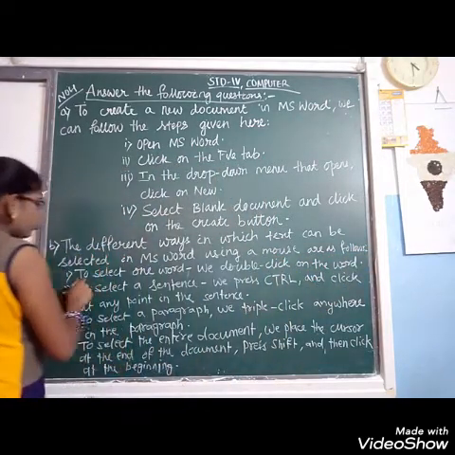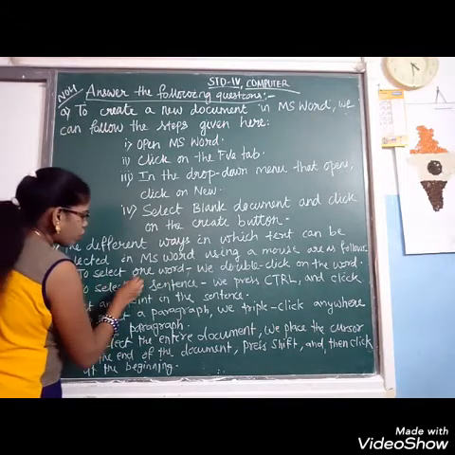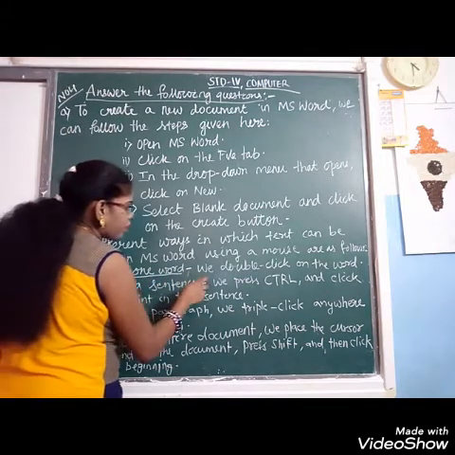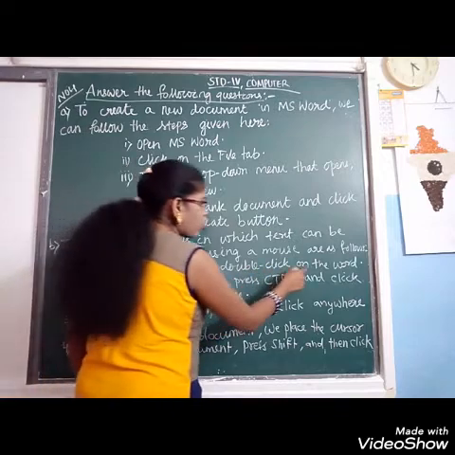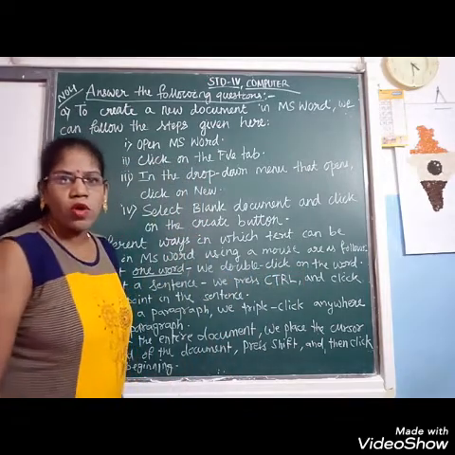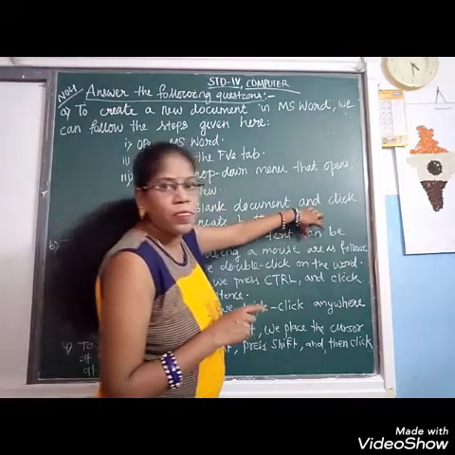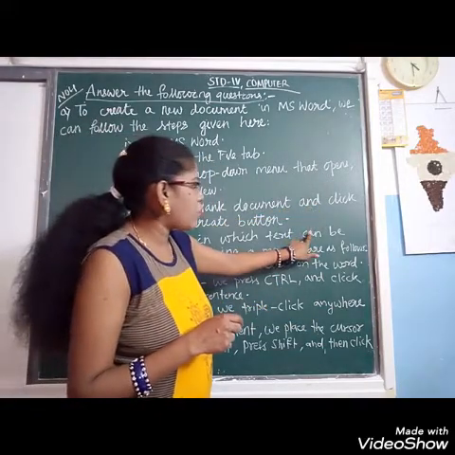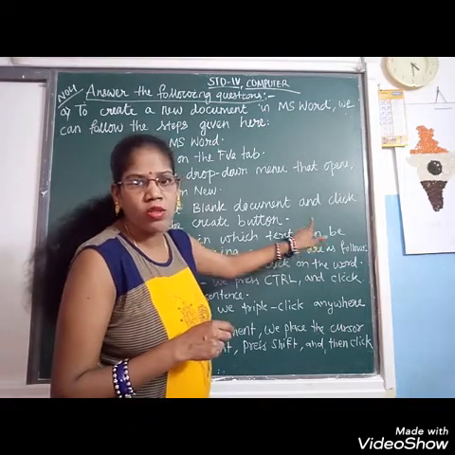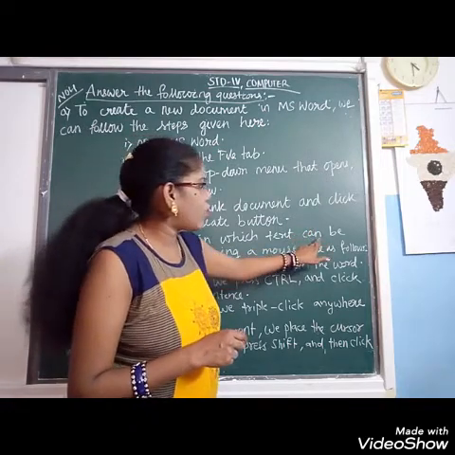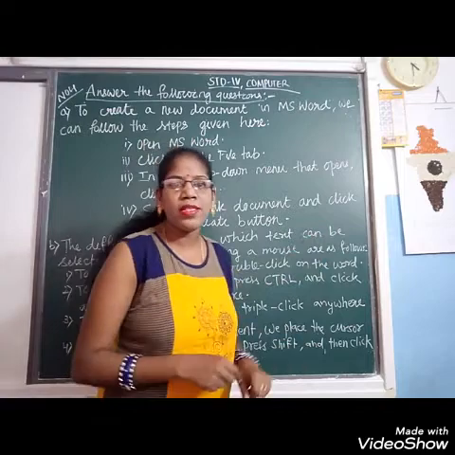To select one word, we double click on the word. Suppose I want to select this one word. I take the mouse there and double click on the word. So the word will be selected.